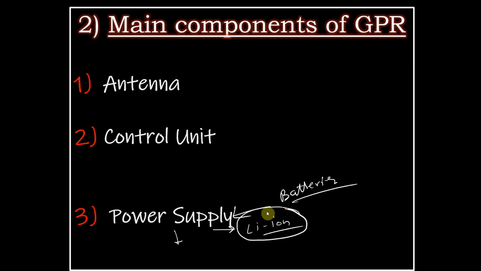You have to charge it every time, and once you charge it, you can do the survey for, suppose, depending on the frequency you are using. If you are using a 200 megahertz monostatic antenna, you can do the survey for, let's say, 4 hours or more than 4 hours using that battery.